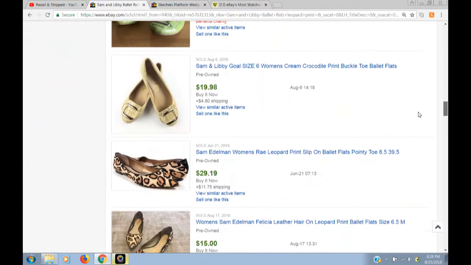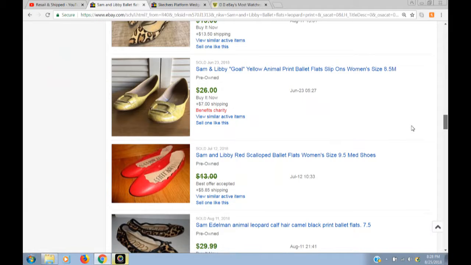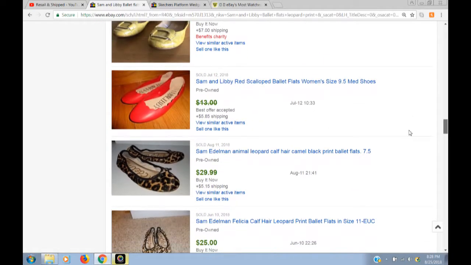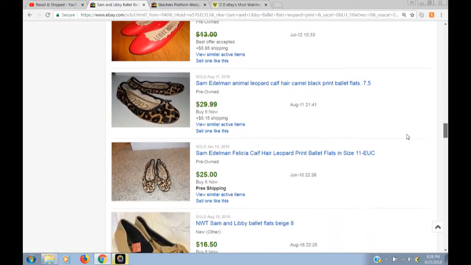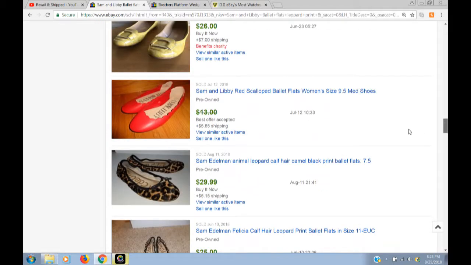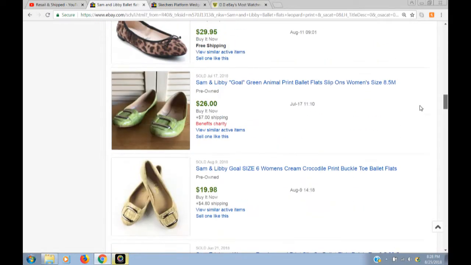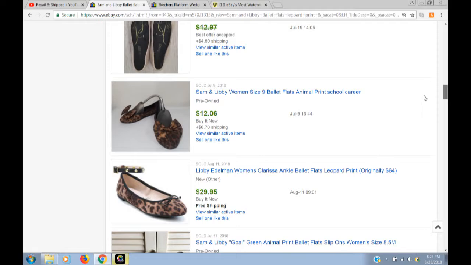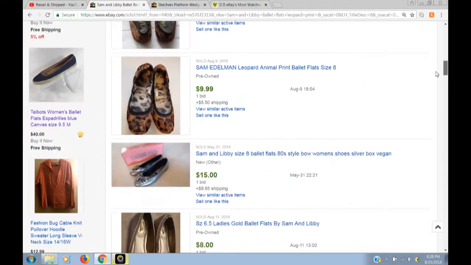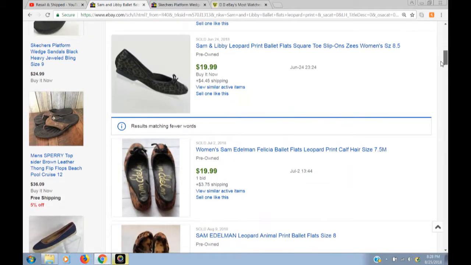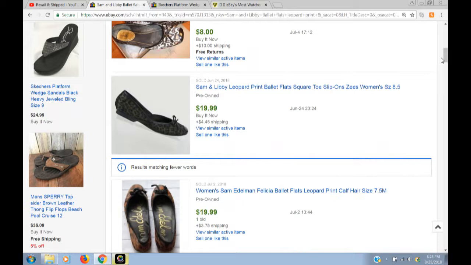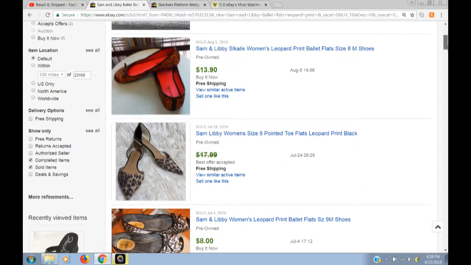They're not showing Sam and Libby ones. Well, it does look like the average for the Sam and Libby one seems to be like $13 or best offer, $12. I mean, these don't look anything like the ones that I have, but I'm just trying to consider something kind of similar to them.